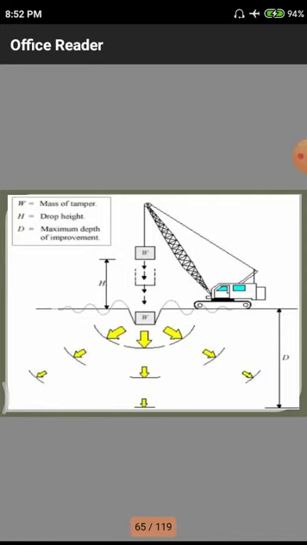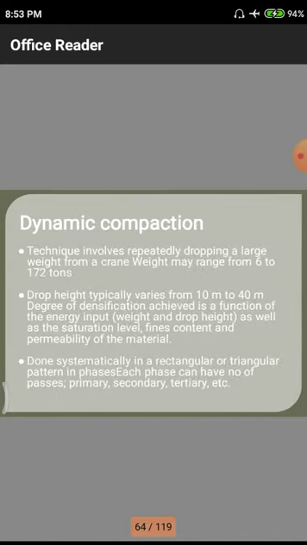The arrows indicate in which direction the pressure moves and up to which depth it moves. Beside it we have the soil strata with some notation, D, and at the upper level we have H. H is the height from which the mass is lifted and dropped, and D is the depth, not the depth of foundation, D is the depth up to which densification occurs due to dropping the weight. Okay, this is the notation.